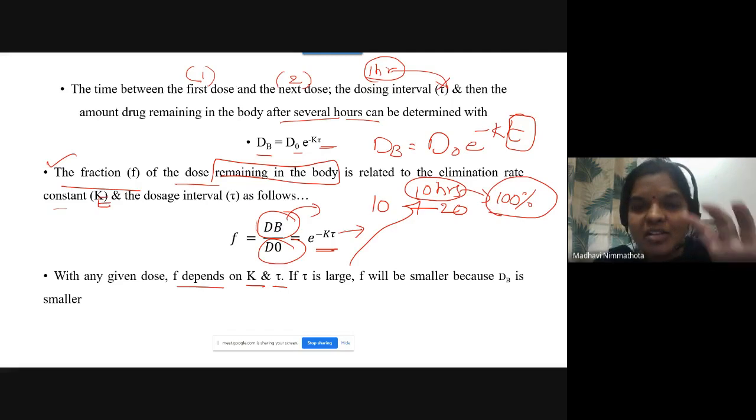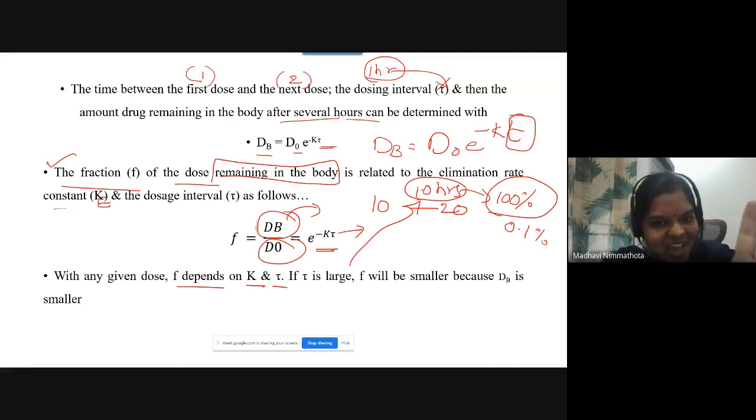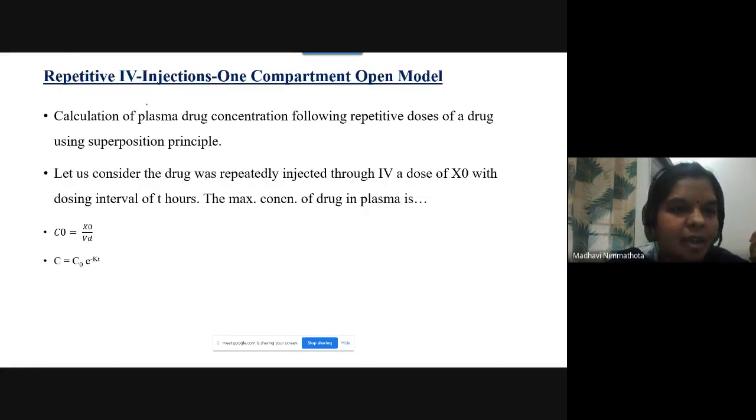There is no chance to get even 0.1%, because our drug has this much time, that is the time interval. So if the time interval is large, then the fraction of the dose remaining in the body is small, because the amount of drug available in the body is also small. It is very simple, it is a logical point.